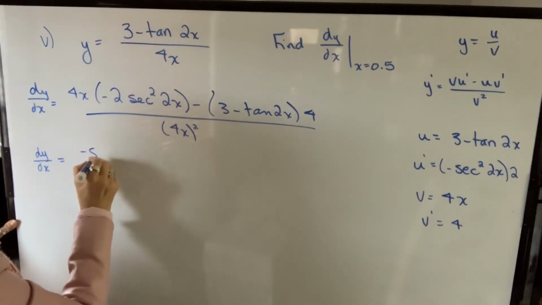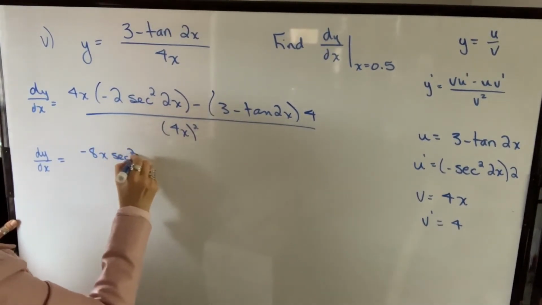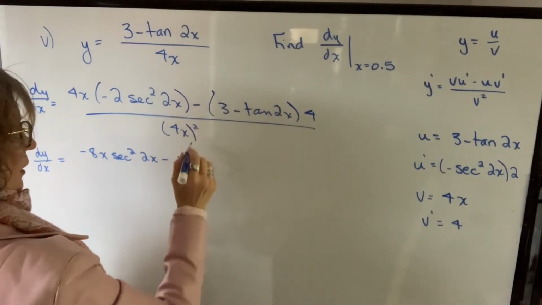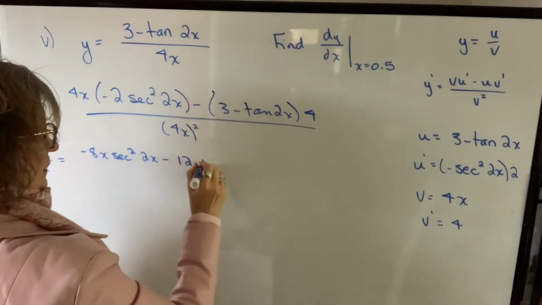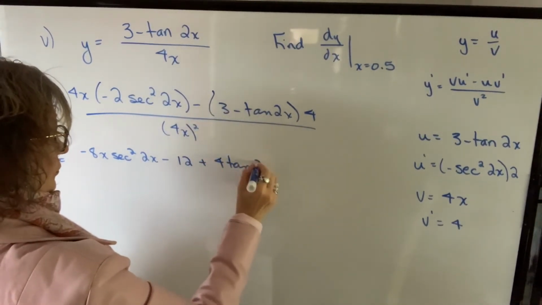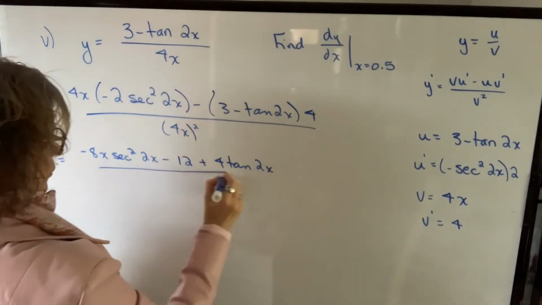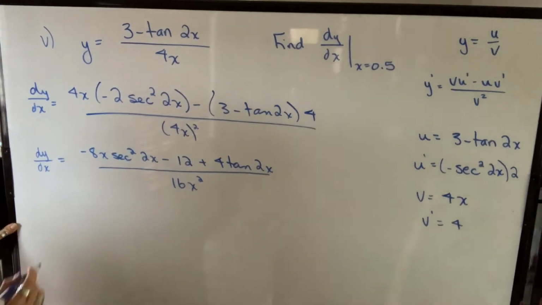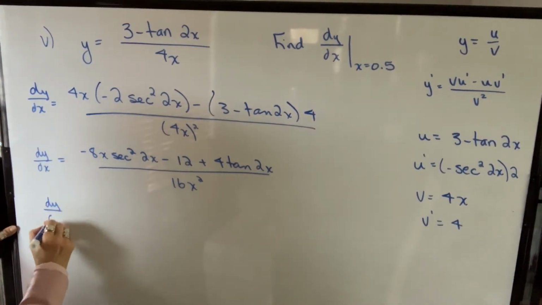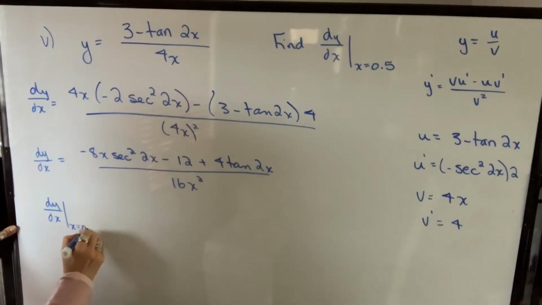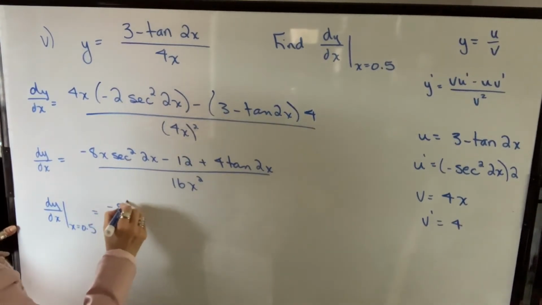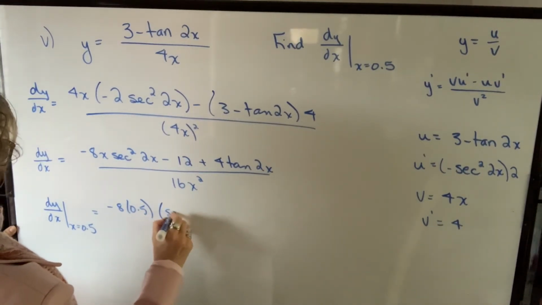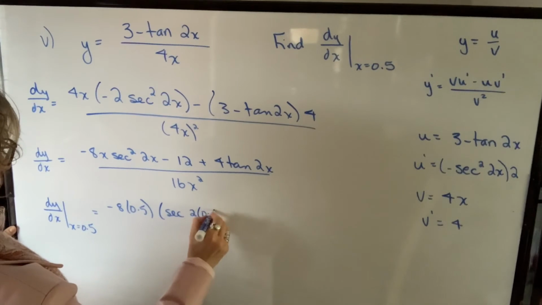So I'm going to get negative 8x times secant squared of 2x minus, I'm going to distribute that 4, so that's negative 12. Negative times a negative is positive, 4 times the tangent of 2x, over 16x squared. Now what I want to do is evaluate that when x is equal to 0.5. And I'm going to write that as secant of 2 times 0.5.